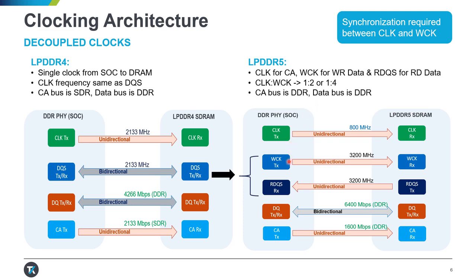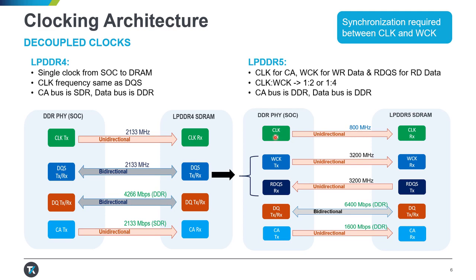Typically above 3200 megabits per second, the DRAM will be in 4:1 mode. What that means is WCK will be 4 times faster than clock. So for this particular example, since WCK is running at 3200 megahertz, your clock can only go up till 800 megahertz. So pretty much your clock is maxed out or is capped at 800 megahertz.